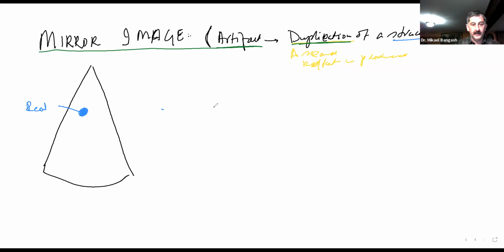The duplicate, which will be referred to as the mirror image, will appear here. So this is the duplicate, this is our artifact. And what do we call this artifact? We call it a mirror image.